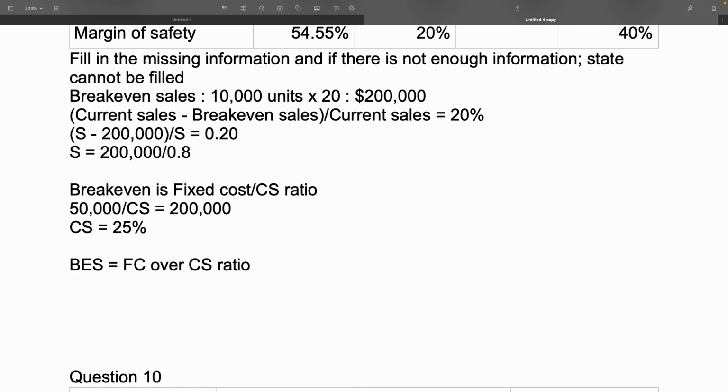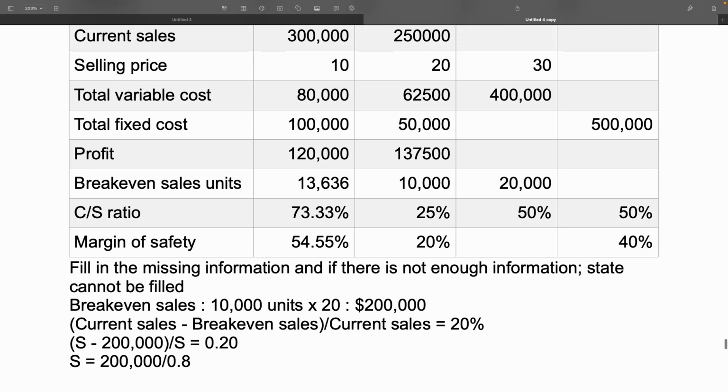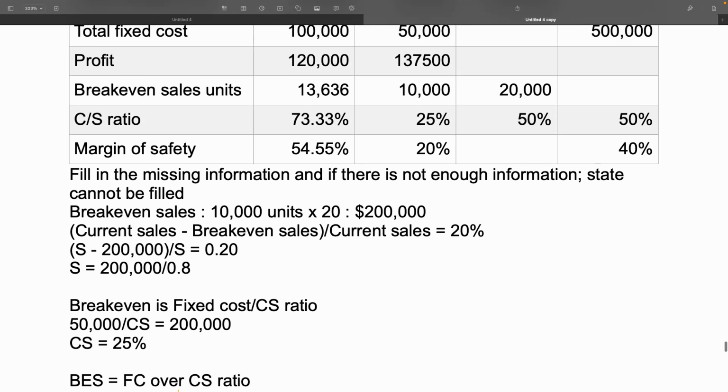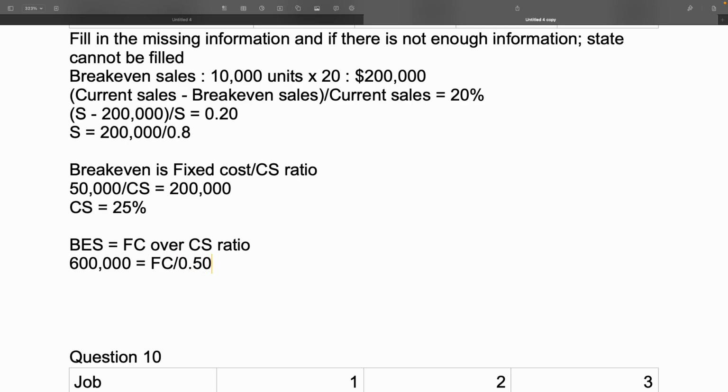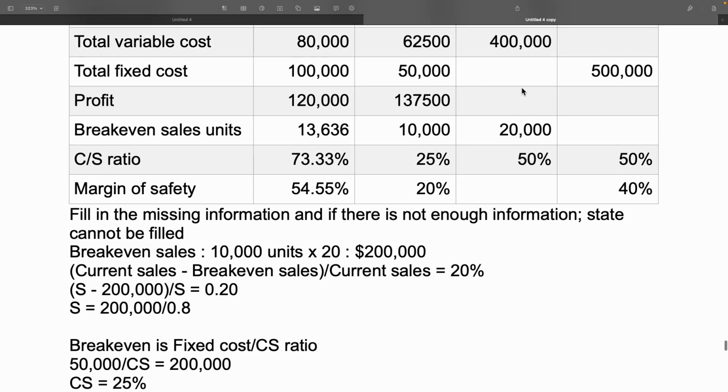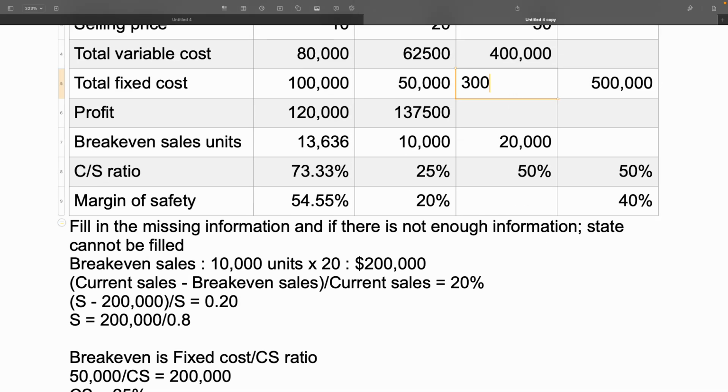So in this case, you're already given break-even sales, which is 20,000 times 30. So this one is going to be 300,000.